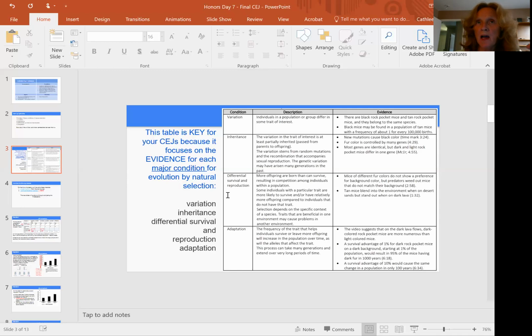We know that the MC1R was the gene that actually was controlling what the fur color was. Now, it was interesting how a couple of you in your CEJs were talking about it being the color of their skin.